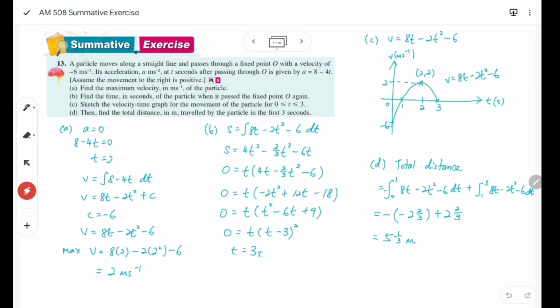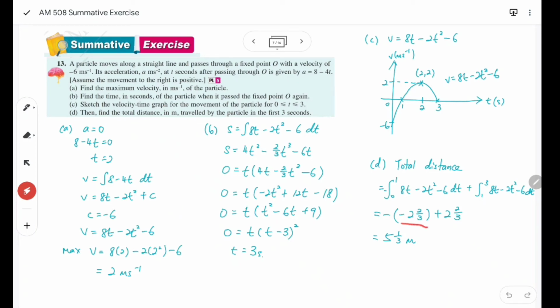D. Then find the total distance in meters traveled by the particle in the first 3 seconds. So in the first 3 seconds, we know v happens to be 0 when t equals 1. So I'll break the time gap of the first 3 seconds into 0 to 1 and 1 to 3. By integrating the function of velocity, we get 4t squared minus 2 over 3 t cubed minus 6t, and sub in 1 and 0.